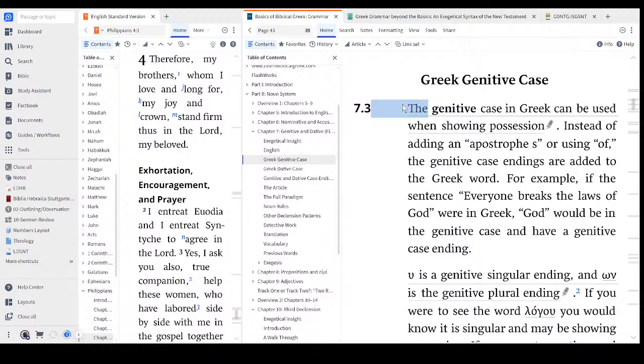Instead of adding an apostrophe s or using the of construction, the genitive case endings are added to the Greek word. For example, if the sentence, everyone breaks the laws of God, were in Greek, God would be in the genitive case and have a genitive case ending.